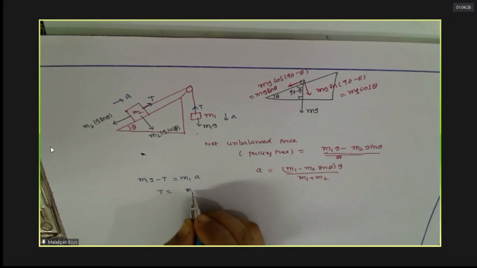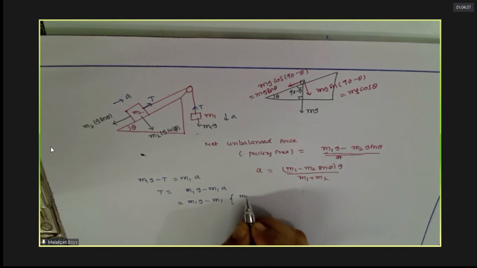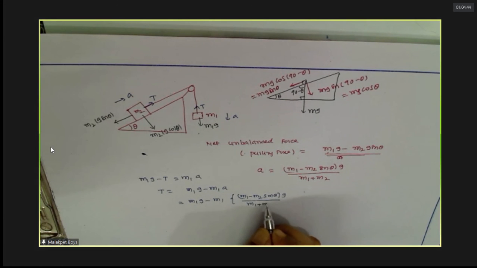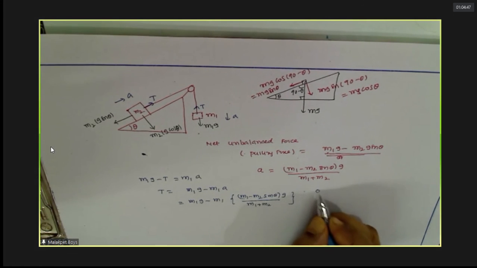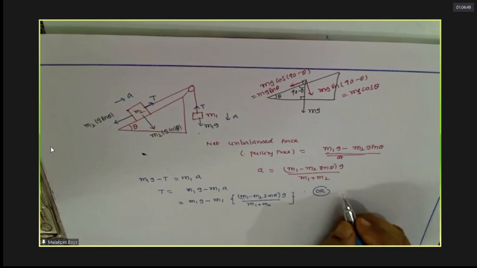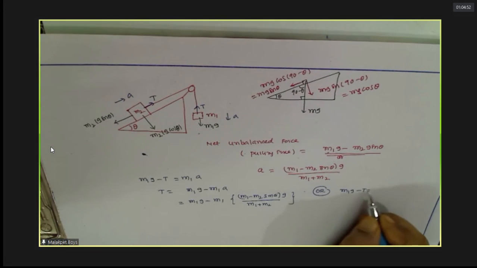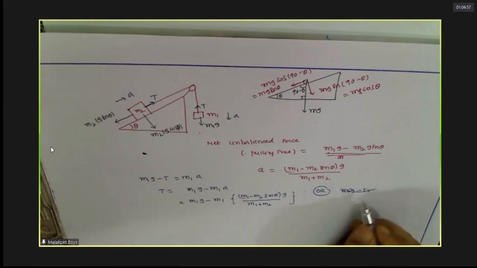You can get, substitute this. Okay. You can take this here also: T minus m2g sin theta.